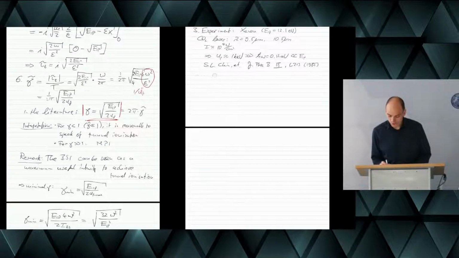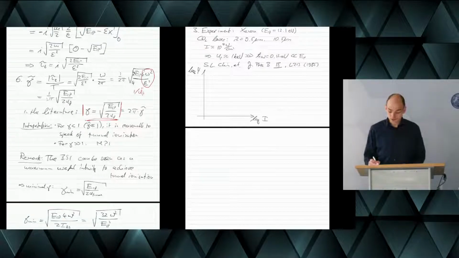I think we should draw this to have at least a little sketch. Plotted here is the logarithm of the intensity and here the logarithm of the ion yield for different species.